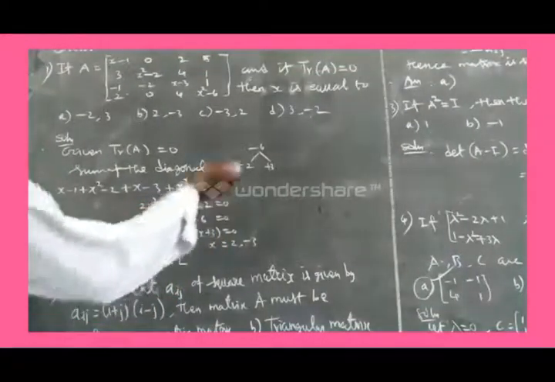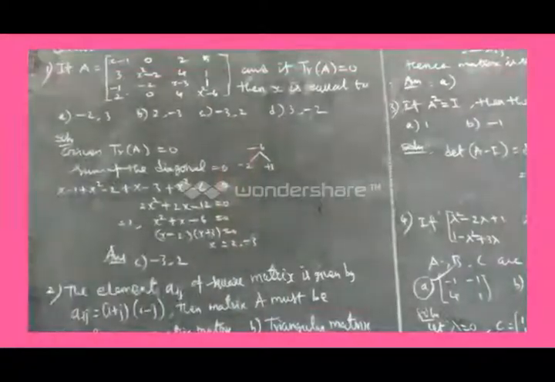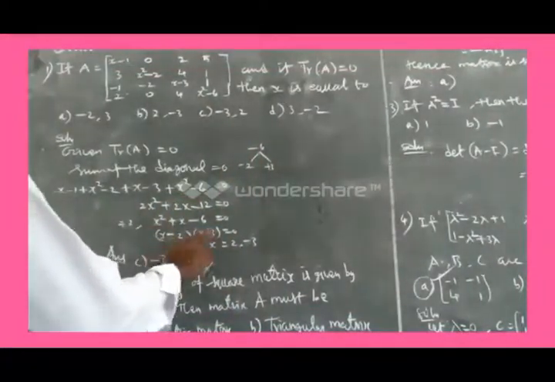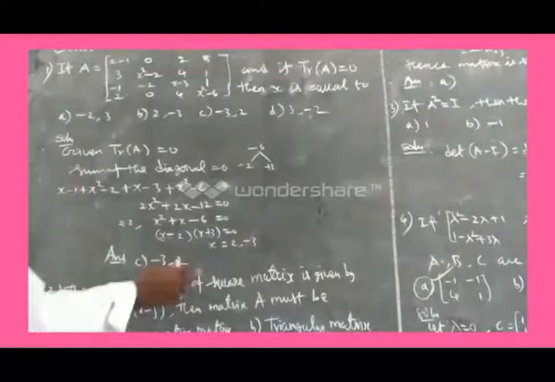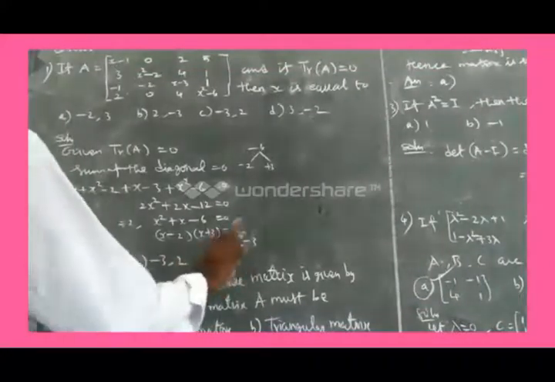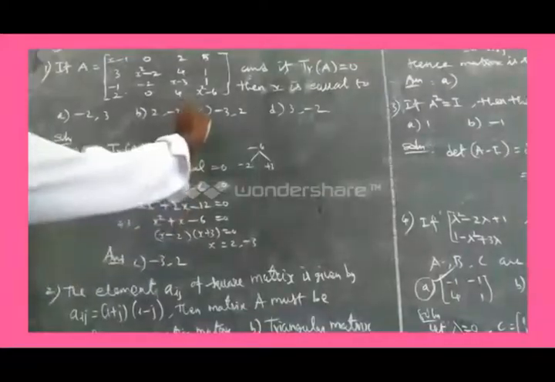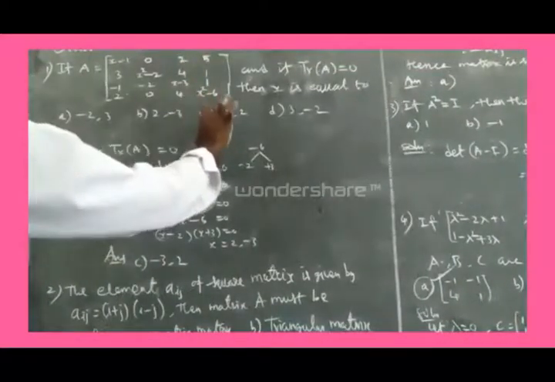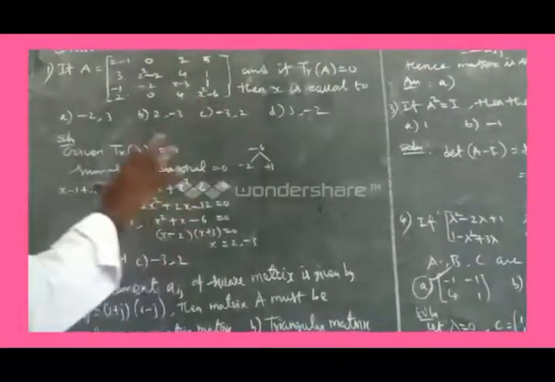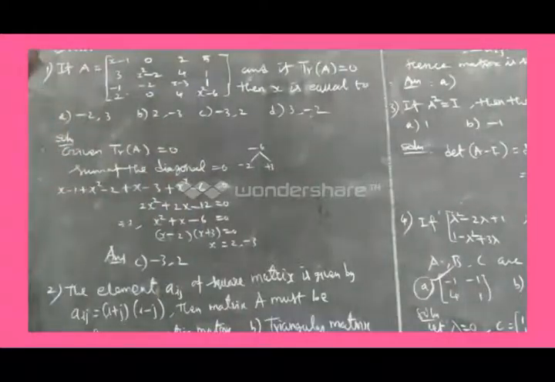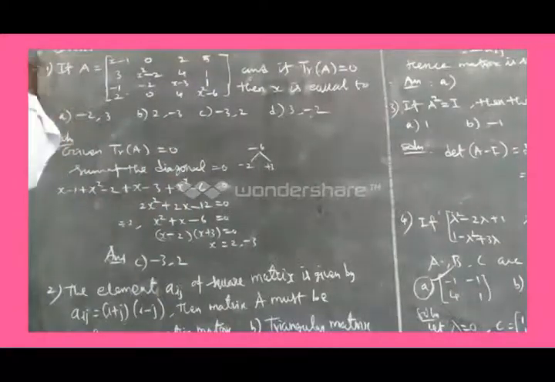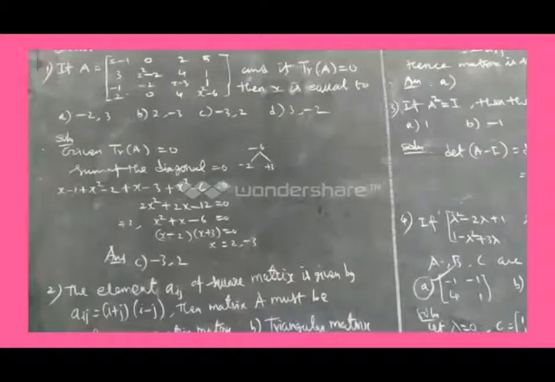Taking factor, we get x minus 2 into x plus 3. Therefore, x equal to 2, minus 3. Answer option C. Option C is minus 3, 2, the correct answer. The equation is given in the first question.